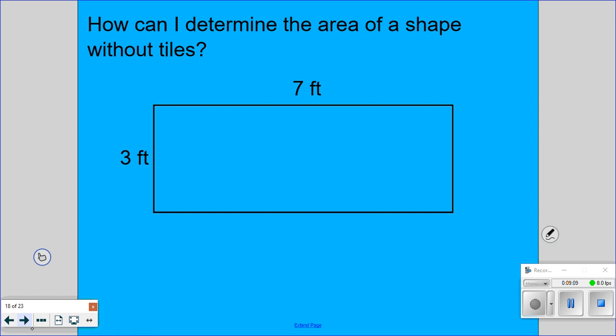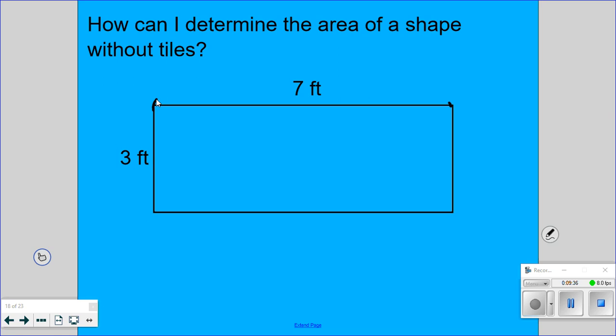Shouldn't 7 feet be the long side? Yeah. 7 feet is talking about how far this shape is from here to here. Does that make sense? Yeah, but I feel like it would make more sense if it went on the other side, because from that side to that side is also 7 feet.